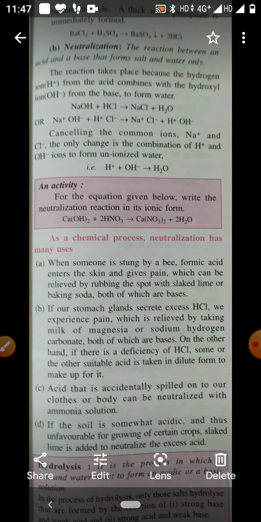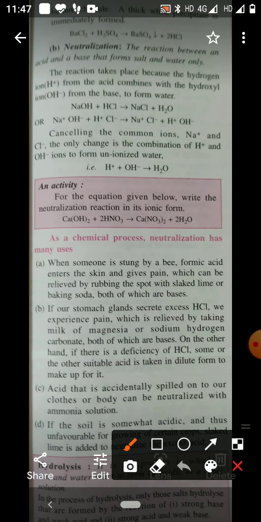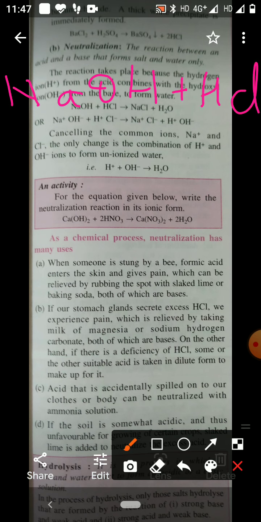How is it double decomposition? Take the example: sodium hydroxide is the base, and HCl is the acid.